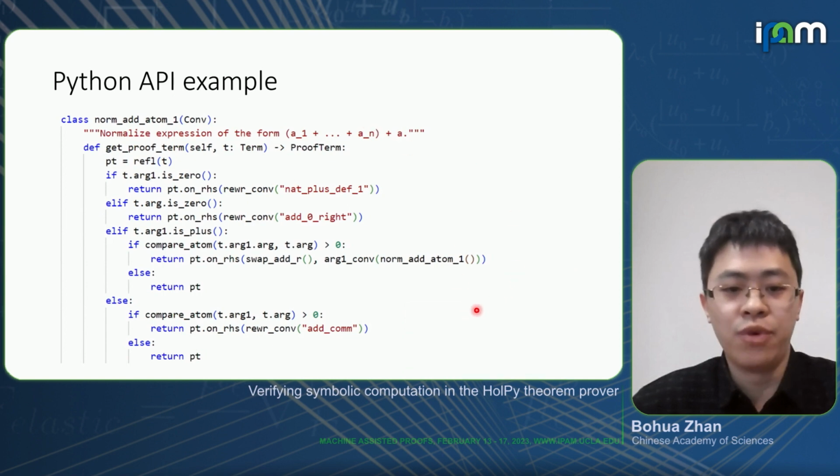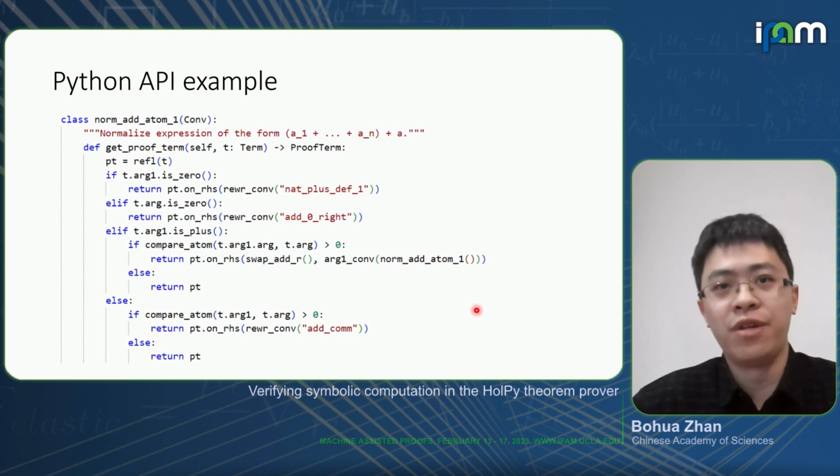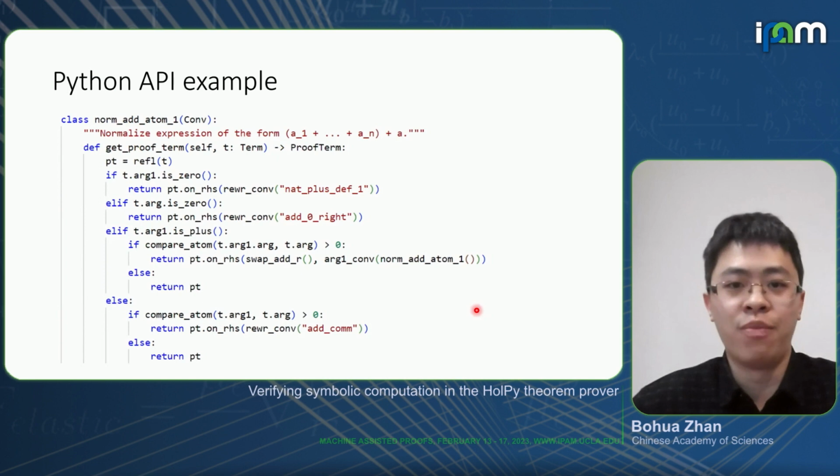Building on this, we could eventually implement proof automation that rewrites an expression to normalize it with respect to associativity, commutativity, and distributivity of addition and multiplication. This is actually featured in the proof reconstruction process that I will mention later.